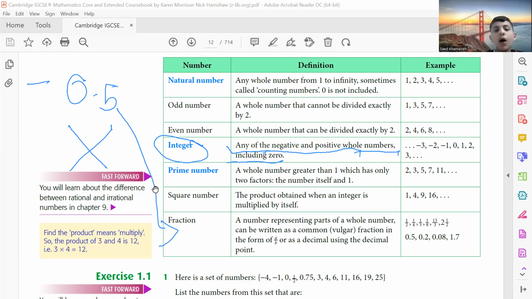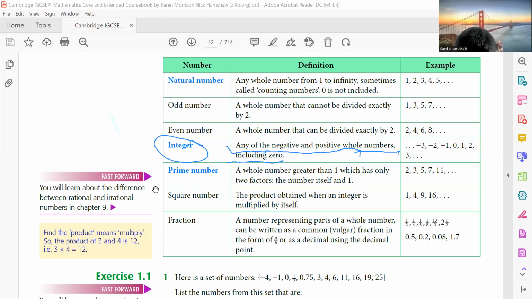Prime numbers. How do I know this number is prime? Now, natural numbers.